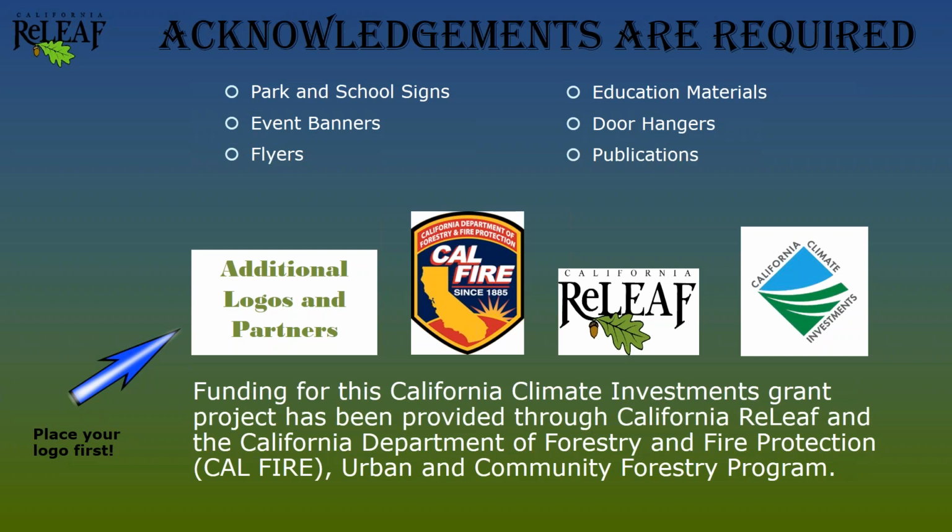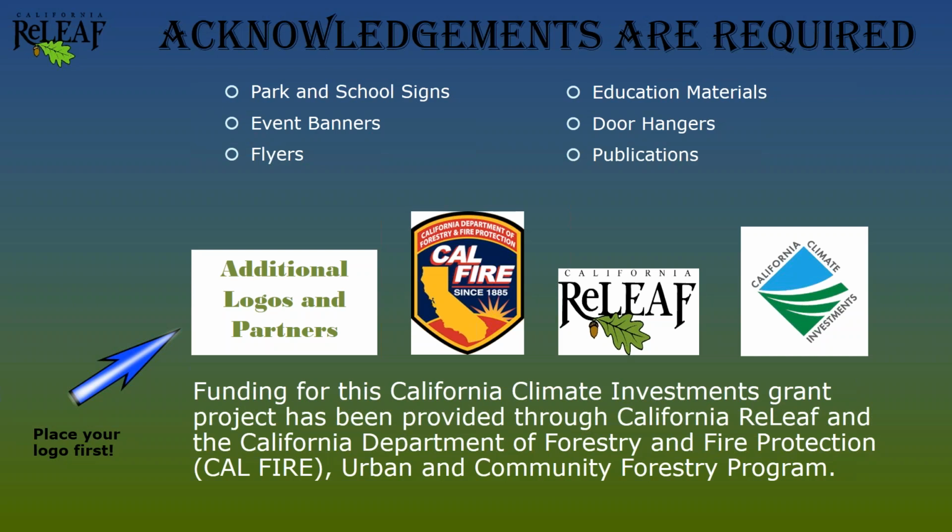When I visited in Santa Maria, growing your children's trees, they use a very nice mesh banner that they put on the chain link fence at the schools with zip lines. And here in Sacramento, Green Tech has these really nice signs in their park. So the range is there, but you are required to have some sort of signage, and it's a nice thing to include in your report when you get it placed, to have that as one of the photos in your hard copy report, so that CAL FIRE can see that is occurring.